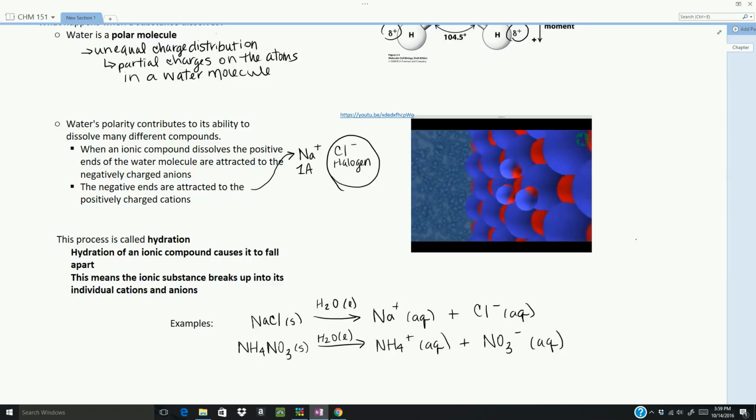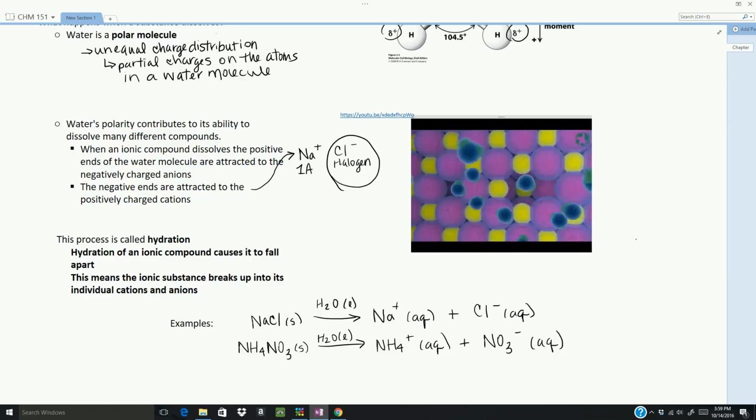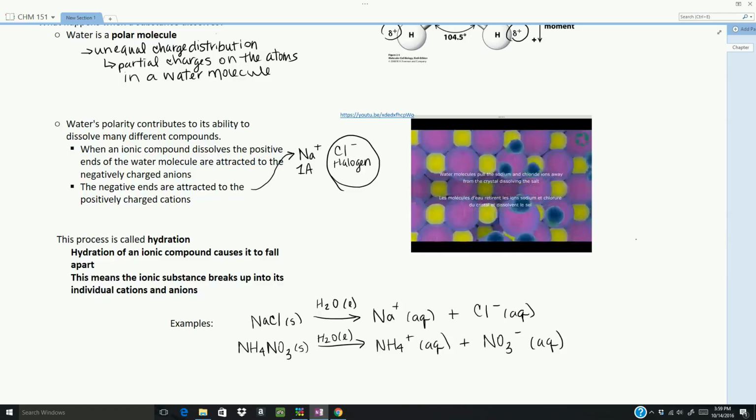So again, like we talked about here, the water molecules are attracted to the cations and anions. The positive ends of the water molecules are attracted to the chlorine atoms. The negative ends of the water molecules are attracted to the sodium ions.